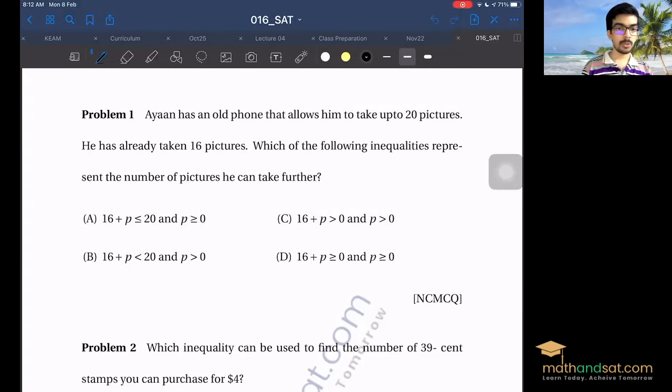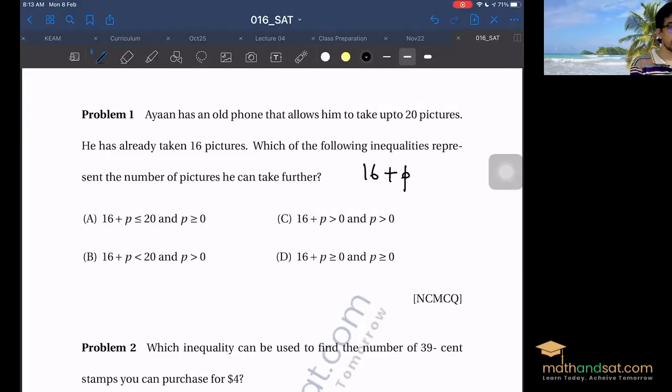So of course, when you look at the options, the variable they have chosen is P. Let us assume that P is the number of photos that he can take further. He has already taken 16 and the phone will let you take up to 20 pictures. Up to 20 means including 20. The maximum value is 20. So he has already taken 16, and he can take a further P photos.